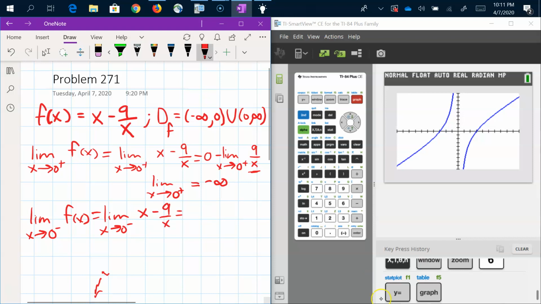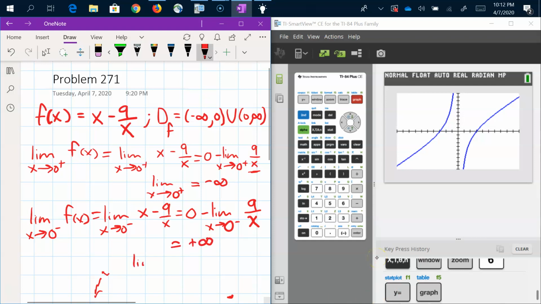And so as x approaches 0, this first term is going to just go to 0, minus the limit as x approaches 0 from the left of 9 over x. x is going to be slightly negative, and so this is going to go to minus infinity, but then there's a negative sign out here, so this will be positive infinity.